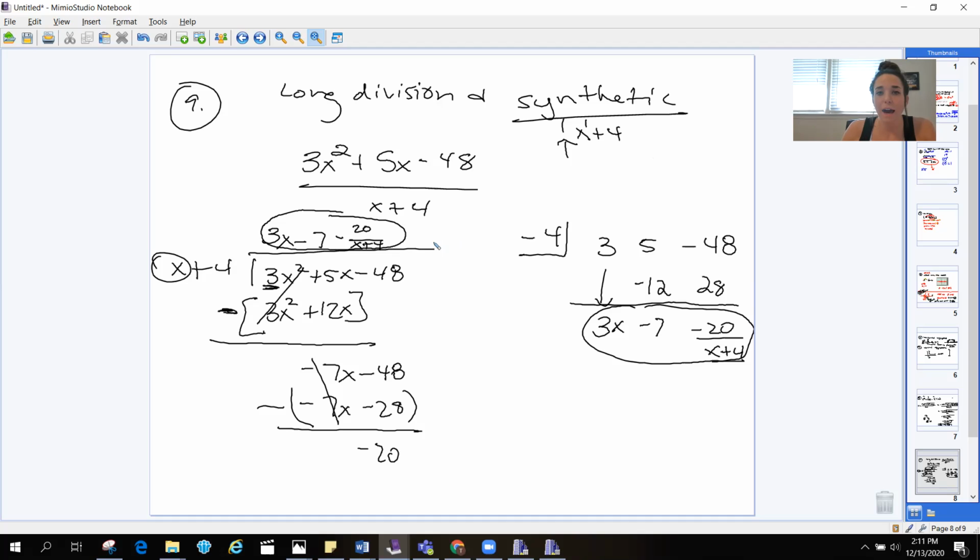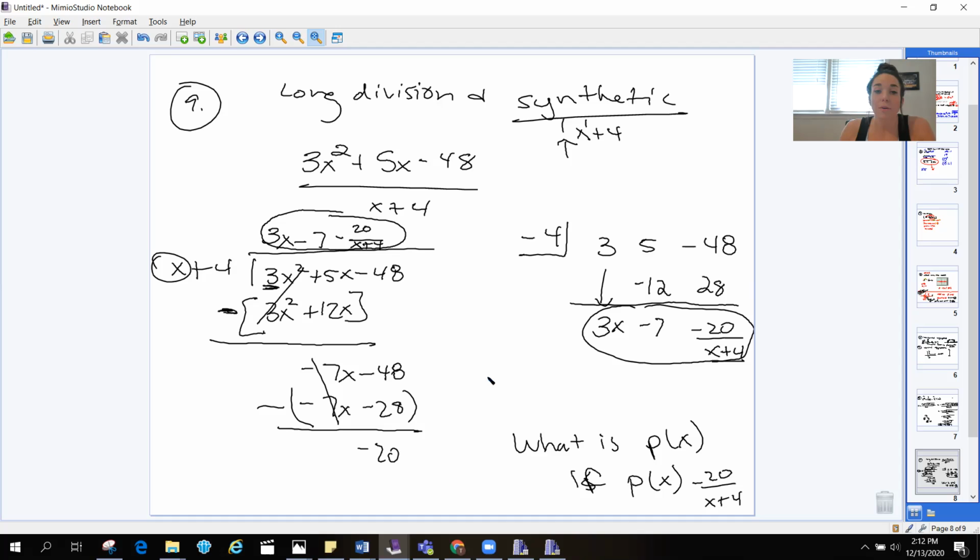The way this is going to be asked is it's going to say something along the lines of this divided by this. And they're going to say, what is p of x if it equals p of x minus 20 over x plus 4. Okay, so what they're looking for for p of x is these first two terms.